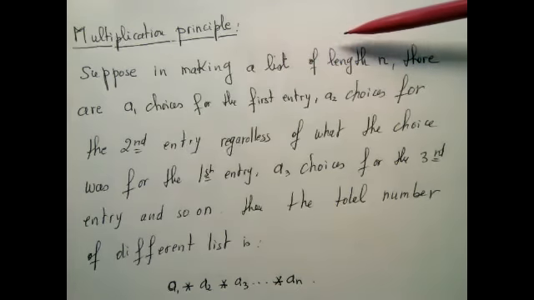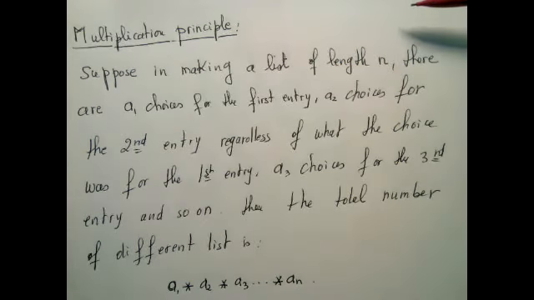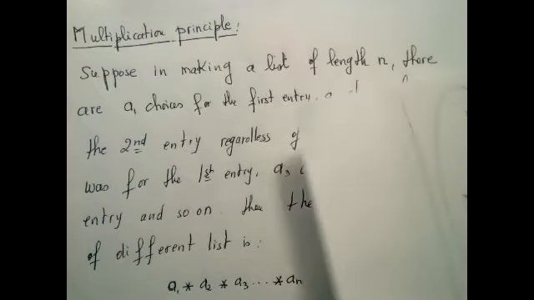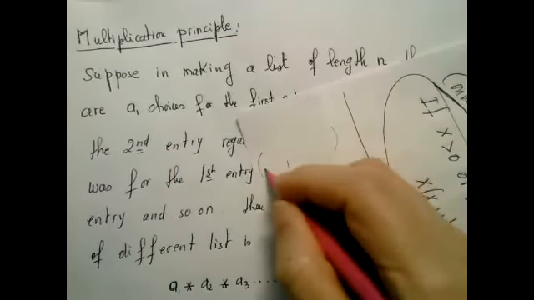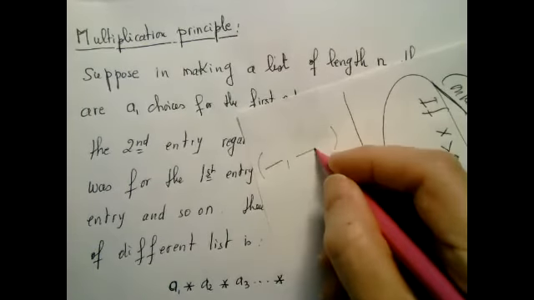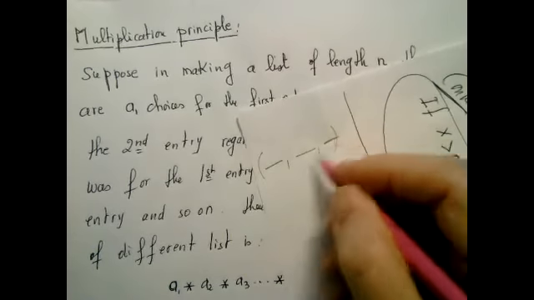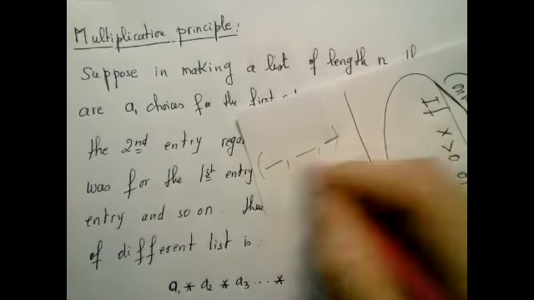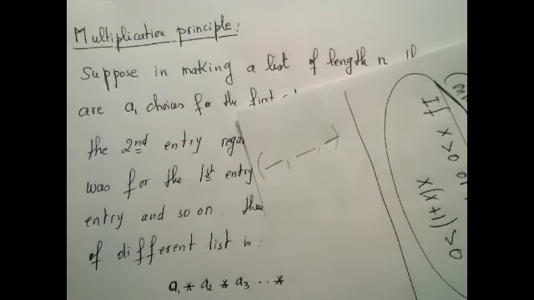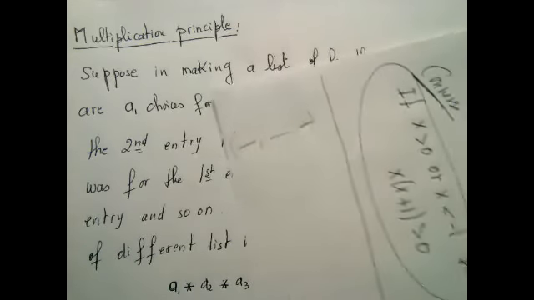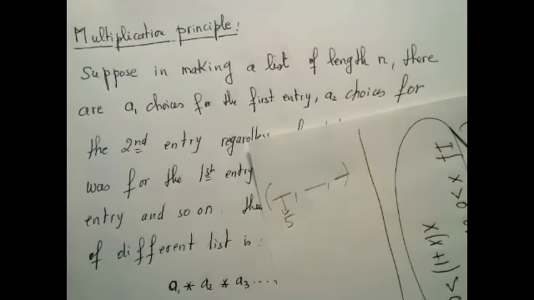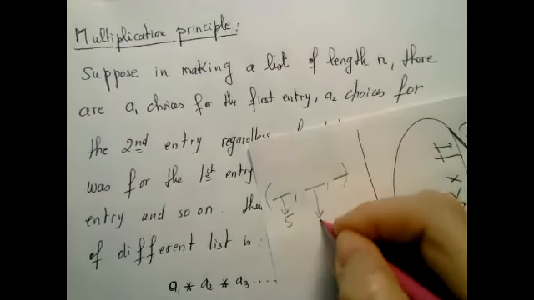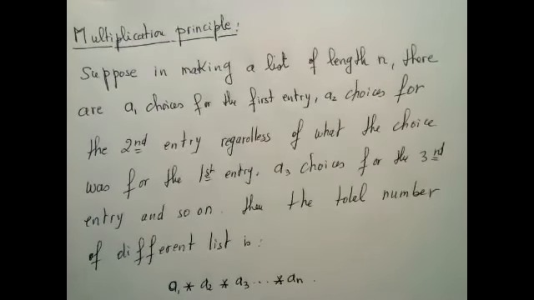Suppose in making a list of length n, so in the way I thought about our food problem as a list, the first object was the sandwich, the second the drink, and then the dessert. So that's how we thought about them. And you're making a list of length n. And there are A1 choices for the first, and A2 choices for the second entry.